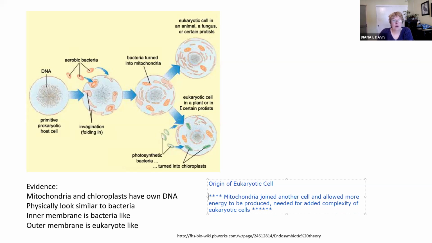So, a primitive prokaryotic cell formed a relationship with other prokaryotic cells that were what we call aerobic bacteria. Aerobic means using oxygen.